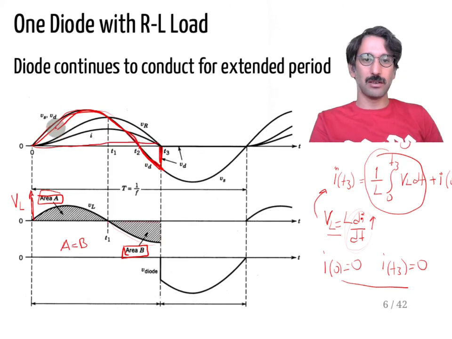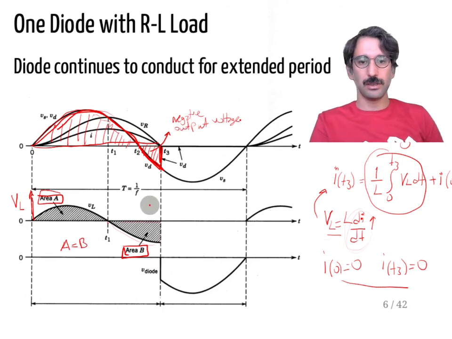So now my output voltage is that area, as you expect from a resistive single phase rectifier, but with the L value, I have a negative output voltage. Okay, so you need to be careful about that one.